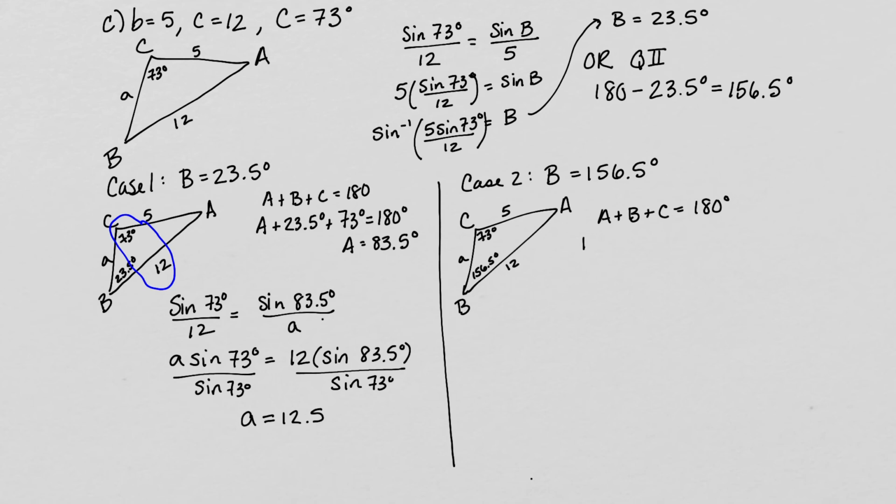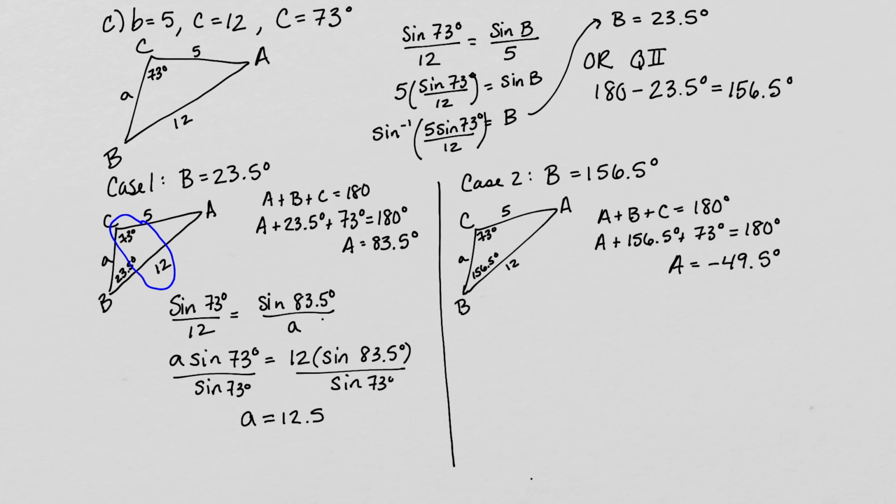So capital A plus capital B, 156.5 degrees, plus capital C, 73 degrees, equals 180 degrees. And in this case, capital A turns out to be negative 49.5 degrees.